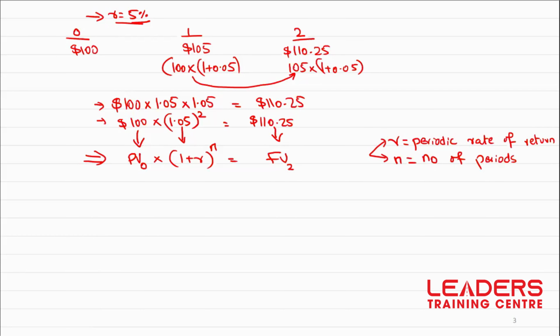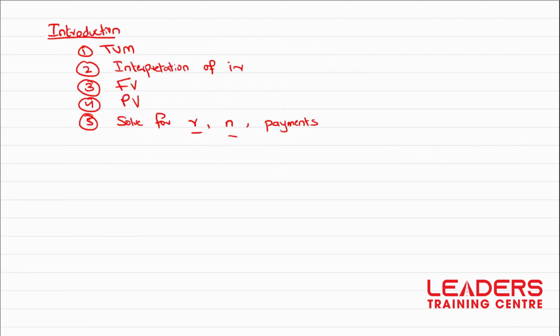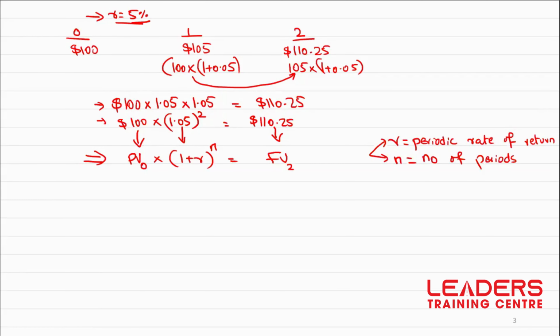But let us now try and understand what time value of money actually means. Let us say that I owe you $100. That means I need to pay you $100. And let's make two critical assumptions here.